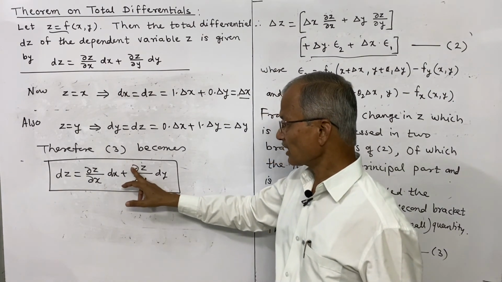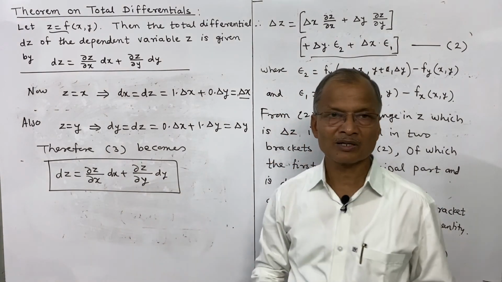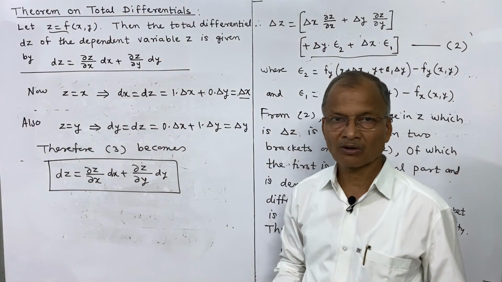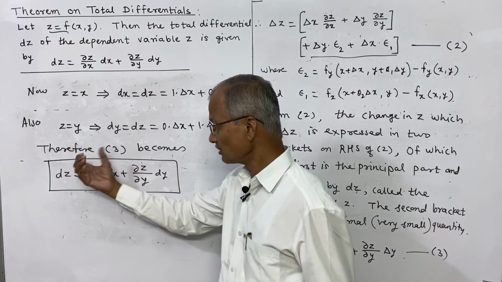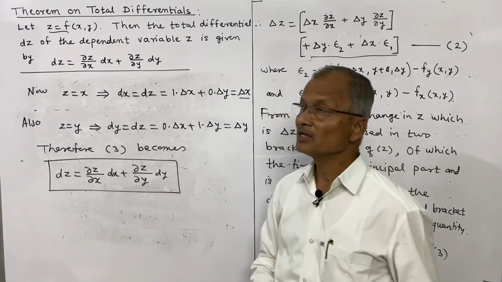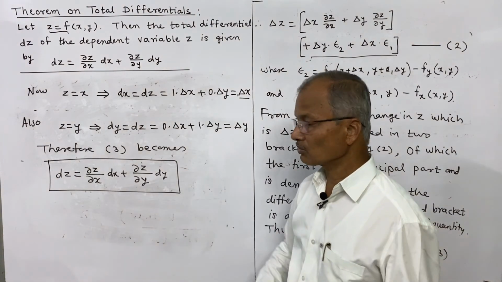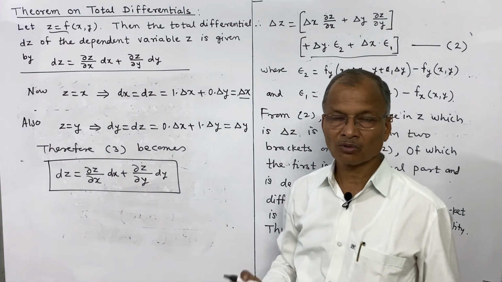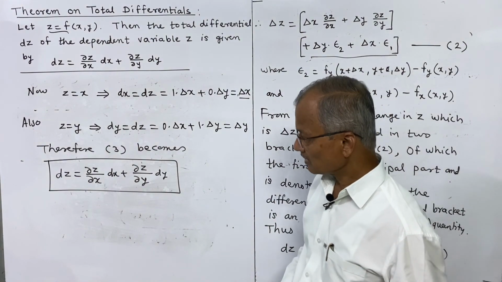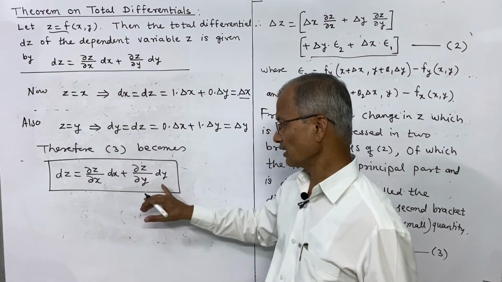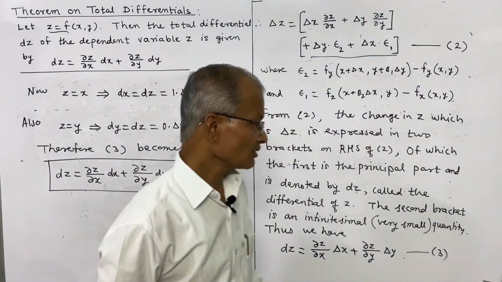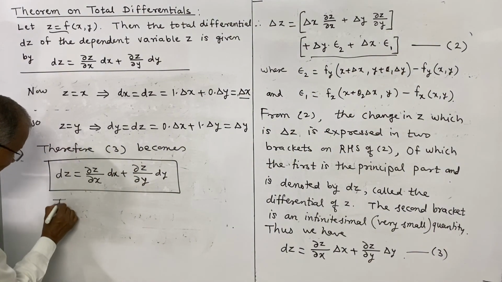Next take the partial derivative of z with respect to y multiplied by the differential of y. The addition of these two gives the total differential of z. That is why this is the theorem on total differential. The change has two parts, in terms of the differential of x and the differential of y. So this proves the theorem.